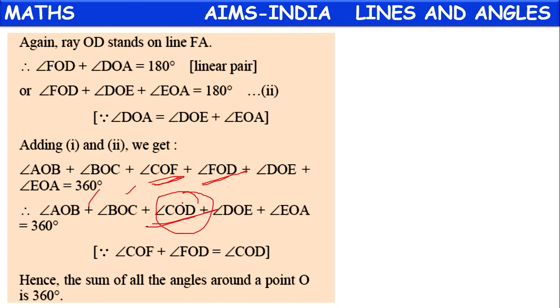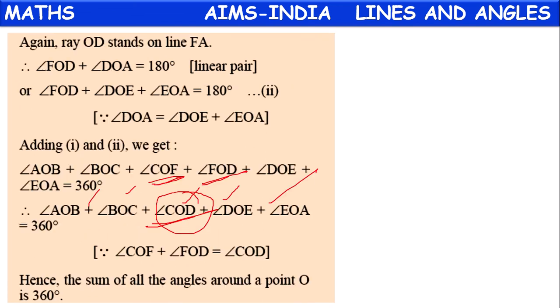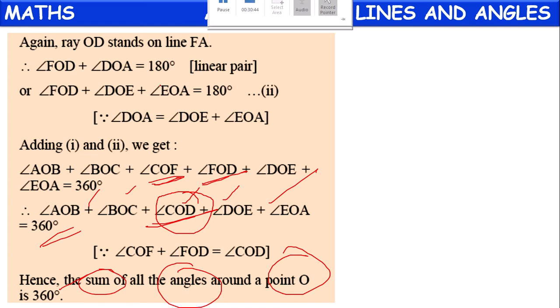So 1, 2, 3, 4, 5. So without the F construction, we have 1, 2, 3, 4, 5 angles around O, whose sum equals 360 degrees. So the sum of all the angles around a point will always be equal to 360 degrees.